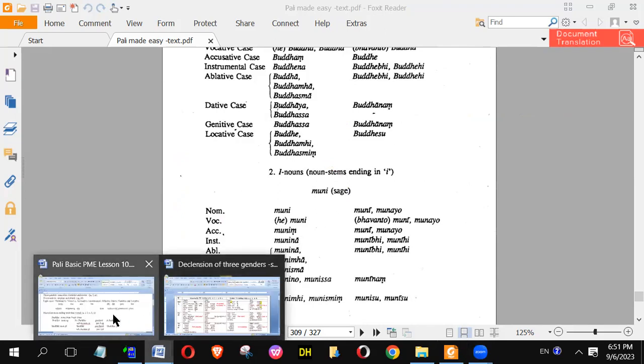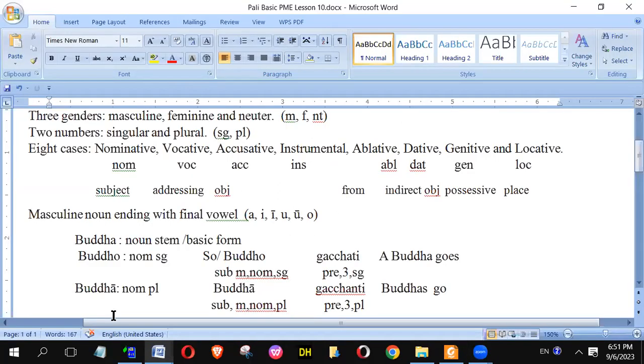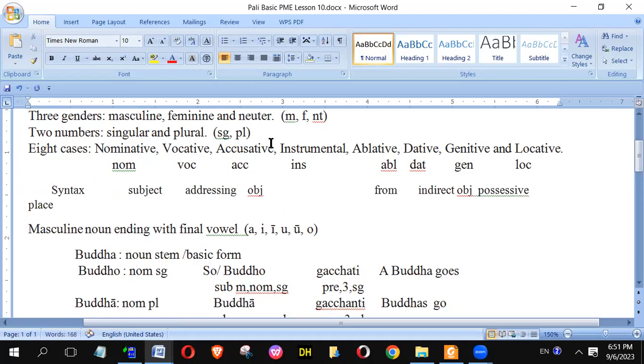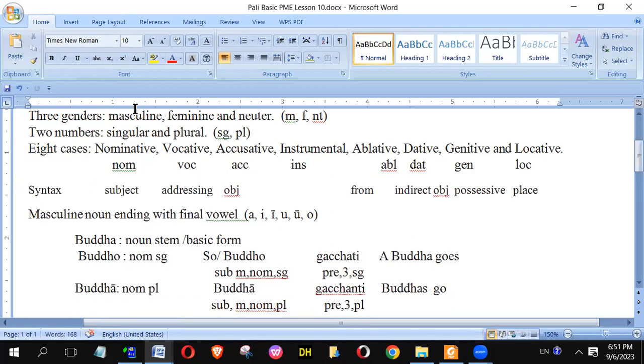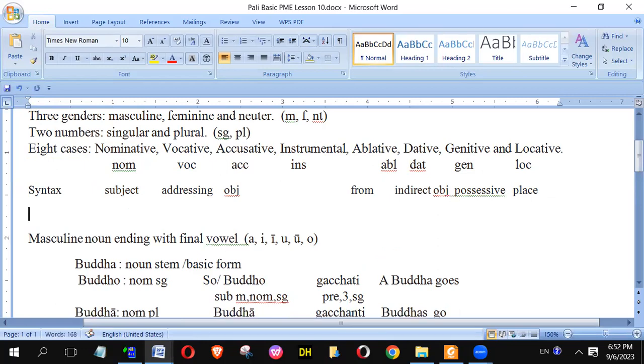Now we come back to this one. The main thing is why we need to know the 8 cases, because the cases represent what in Pali we call syntax. Syntax means the purpose of the word in grammar: one is a subject, one is addressing, one is an object, one is instrumental, ablative. So how do we use it?